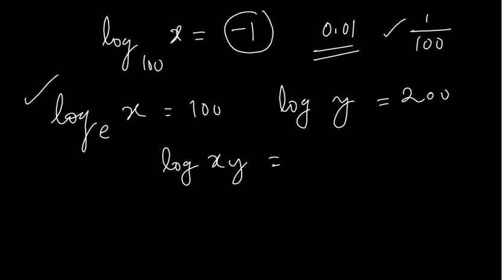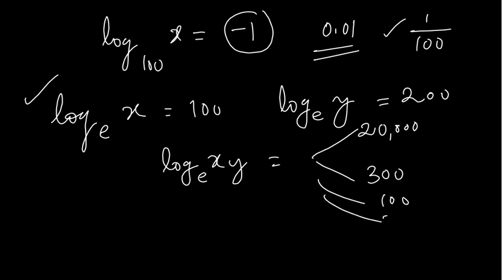It's e, but you can take it as 2 also, not a problem. So I'll give you answers: 20,000, 300, another one 100, another one 200, the one 0. So you multiplied them, 20,000. No.